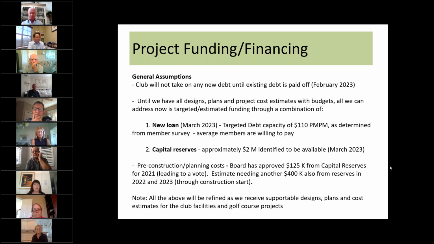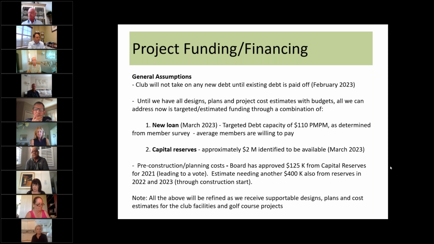Capital reserves is the second source of funding that we have. And we have approximately $2 million that's been identified to be available in March of 2023. And then within the cost estimates we've included pre-construction planning costs.